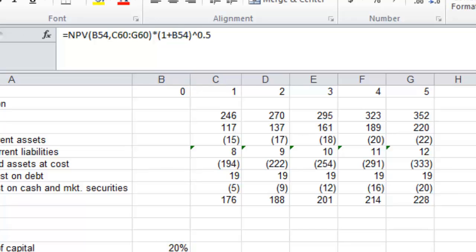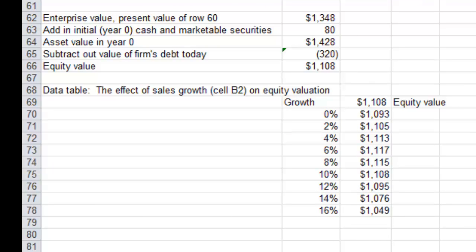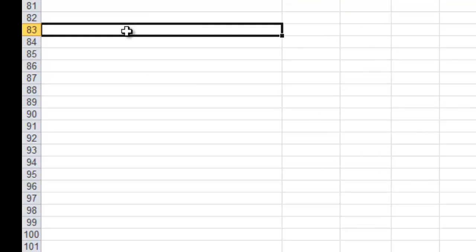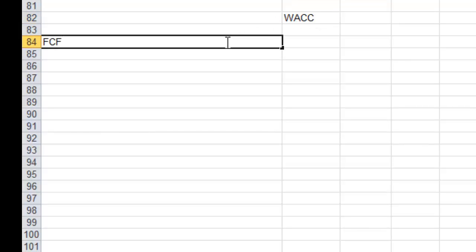Step 5 then asks for a two-way data table that looks at the value of the firm's equity for different combinations of the free cash flow growth rate and the weighted average cost of capital. So we'll come down to an open area on the spreadsheet, and we'll put the weighted average cost of capital across the row, and we'll put the free cash flow growth rate in the column.